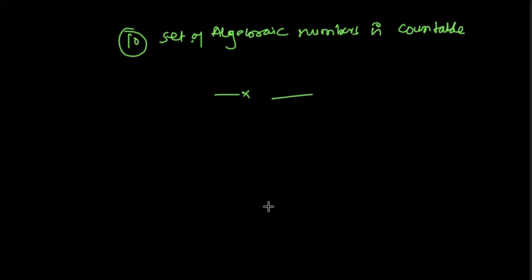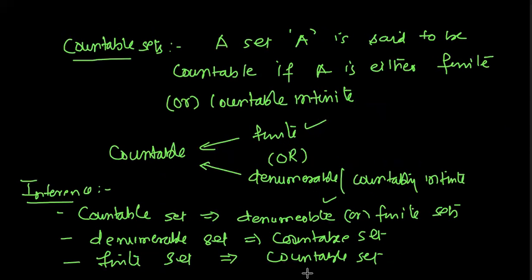The set of algebraic numbers is countable. So these are the 10 examples pertaining to countable sets. So this is the comprehensive definition of countable sets.